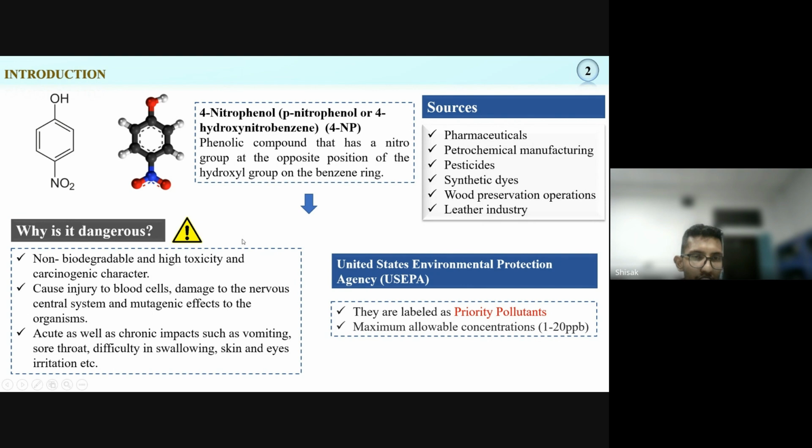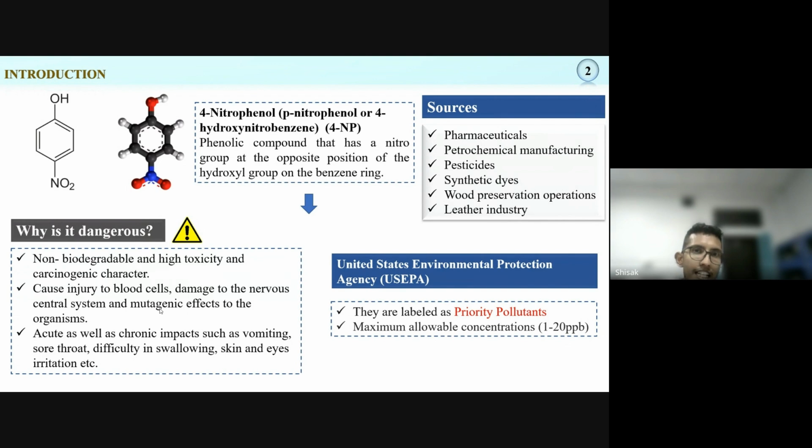Because this compound is not only toxic but has a carcinogenic character, and exposure to such a compound can cause injury to blood cells, damage to the central nervous system, and poses mutagenic effects to the organism.